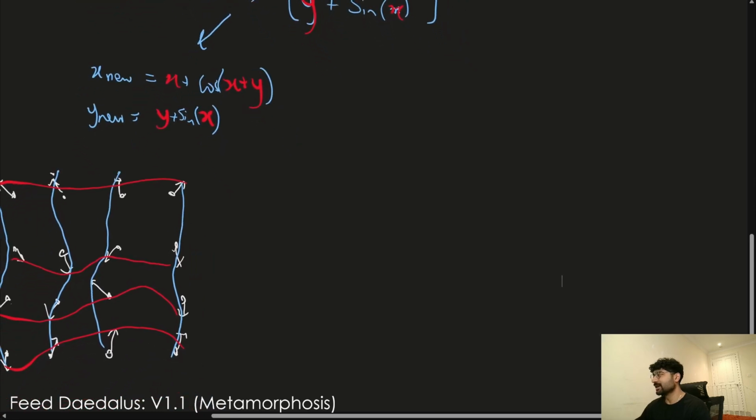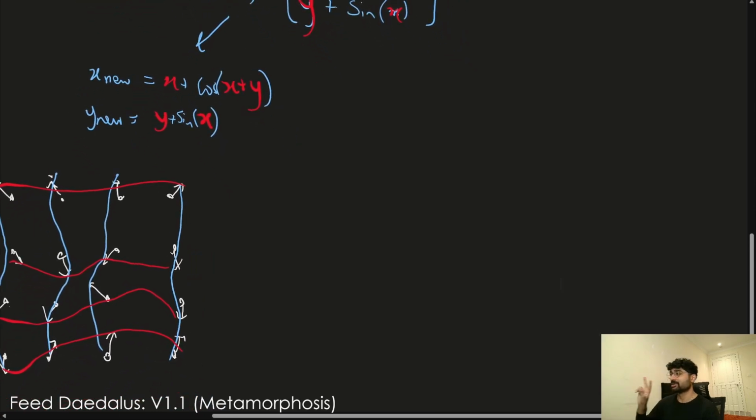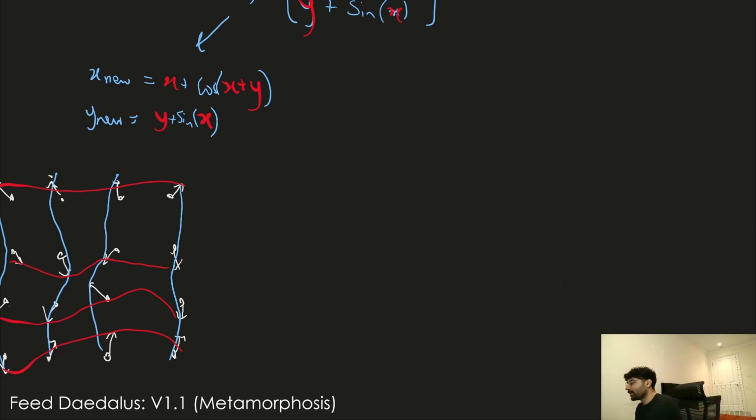What we want is two of these functions. It can be whatever you want, just play around with what is interesting. I'm not going to write the whole function out again, but I'm just going to say the first function is f1 of x, y, and the second function is f2 of x, y.